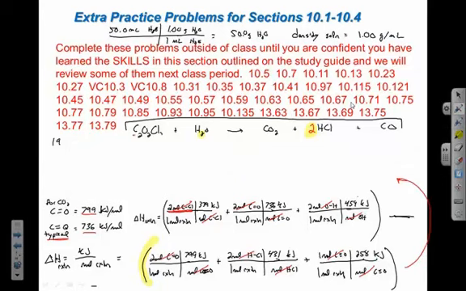So I'm going to take everything in this first bracket, carry that through in my calculator.